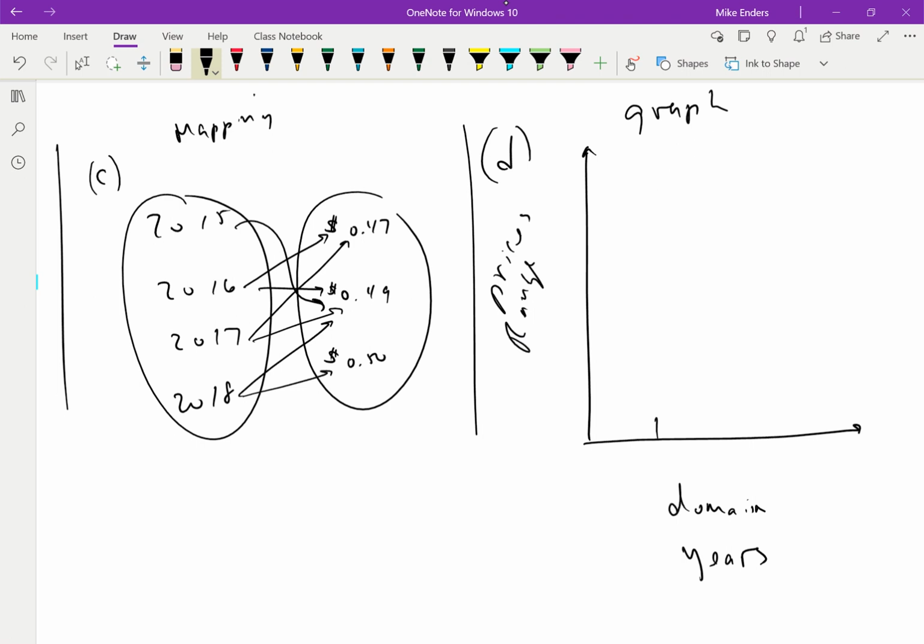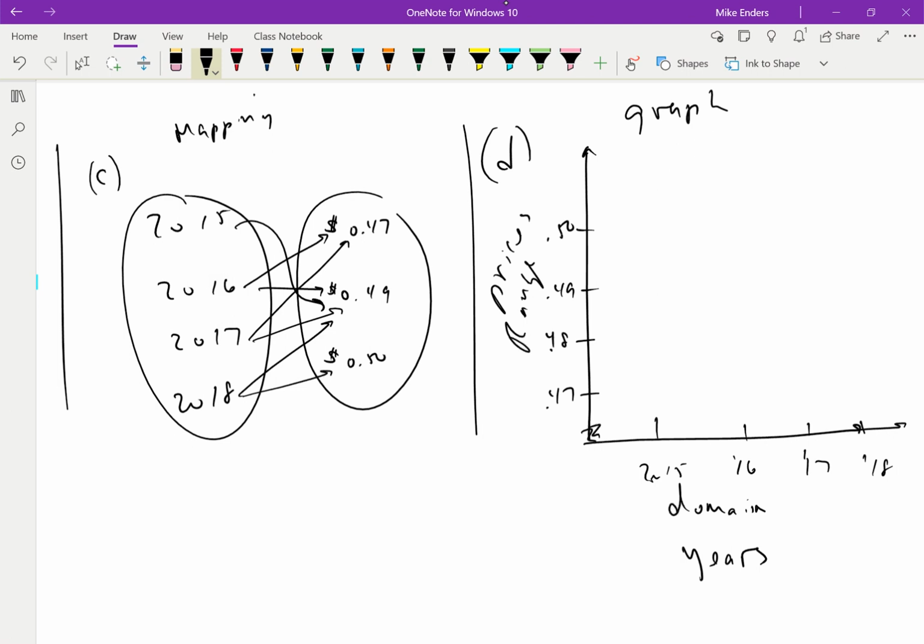So we're going to do 2015, 2016, 2017. Just need to expand this out a little bit longer here. And then we've got 2018. Then for our cents, I'm going to put a little break in the axis there. So let's call this 47 cents, 48 cents, 49 cents, and then of course 50 cents.